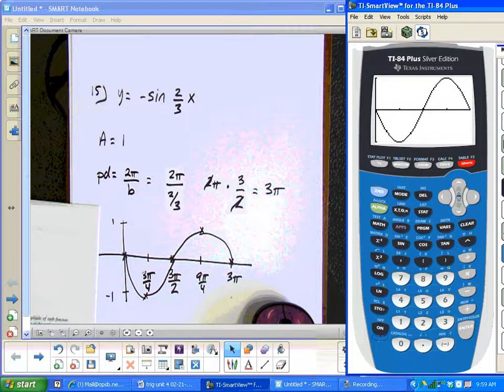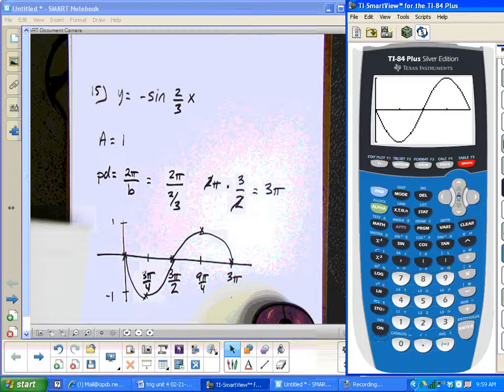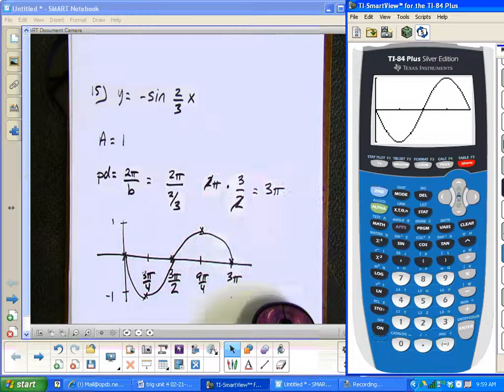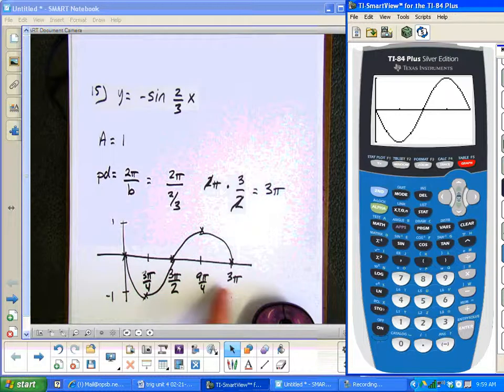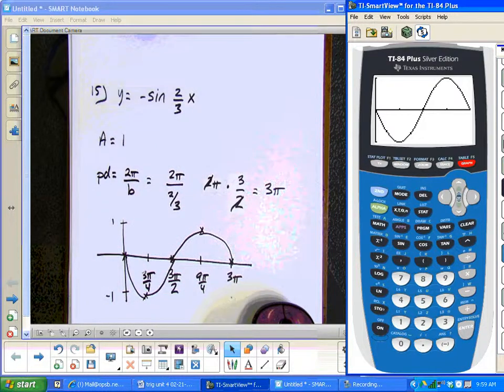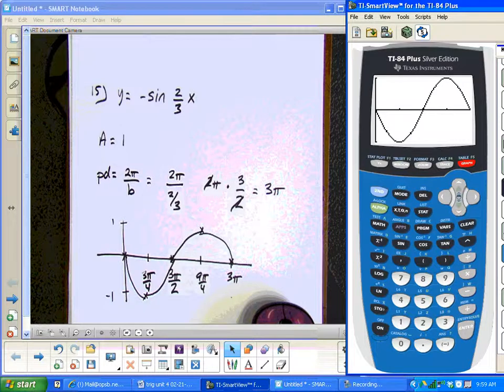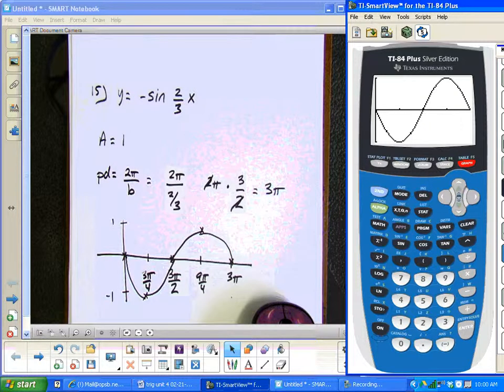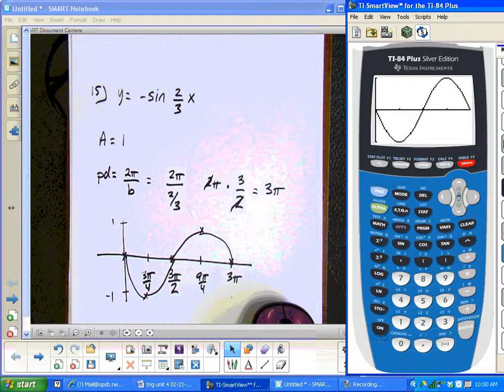All right, on number 9, you need to calculate the period. She's asking on number 9, what's each unit going to be? When you calculate the period, you're going to say 2 pi divided by half. This will be 4 pi. So half of 4 pi is 2 pi. Half of that's pi. So you're going to be counting by pi.